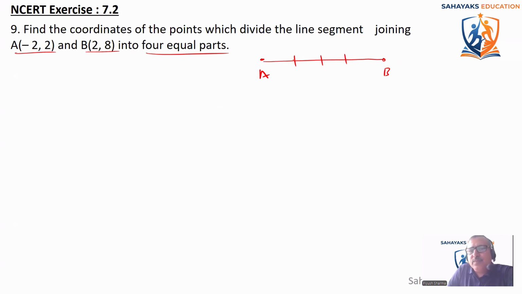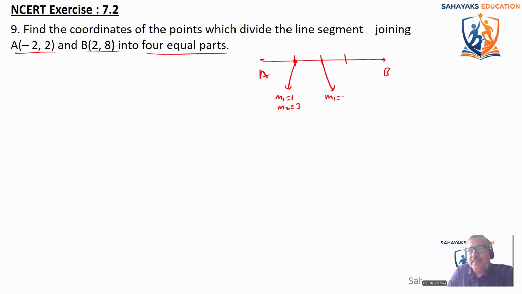So if I have to find this, then M1 should be equal to 1 and M2 should be equal to 3 because it's 1:3. If I have to find this one, then M1 should be equal to, it's the half. So we can easily find it by half.